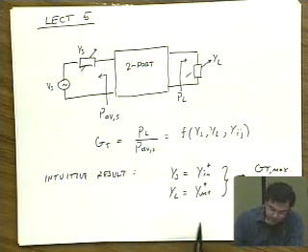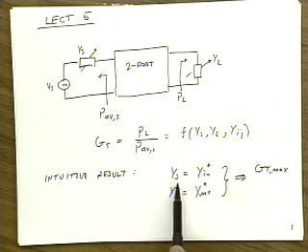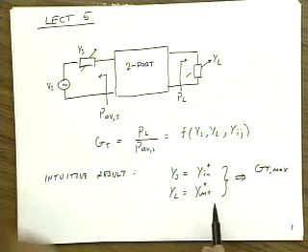You'll note that in general, because Y in and Y out are each a function of both Ys and YL, this is a pair of equations that we can simultaneously solve.